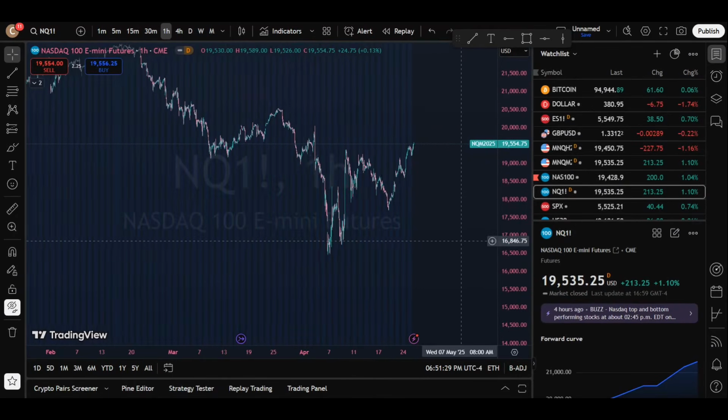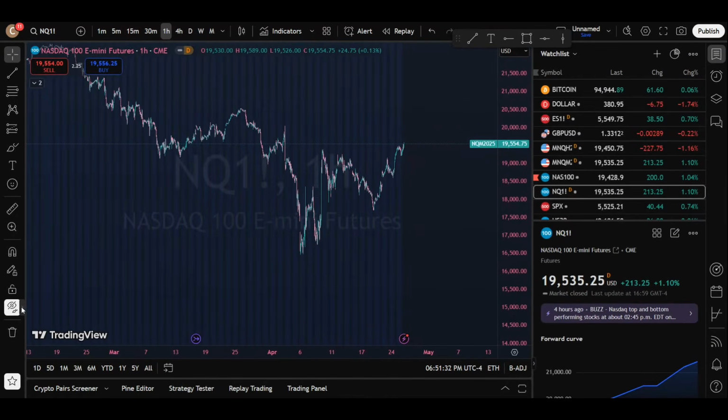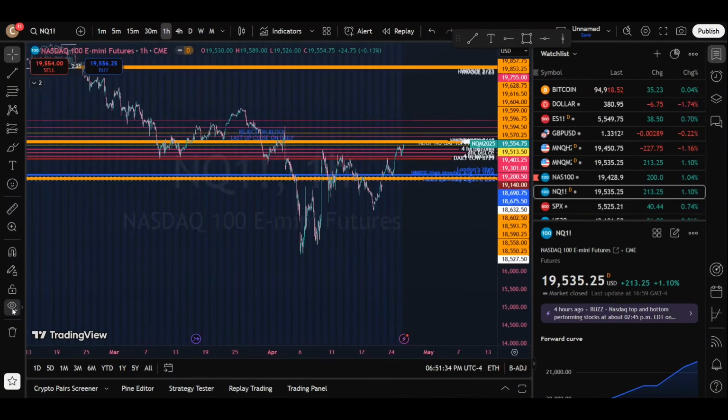Okay, so I want to actually mark these zones.